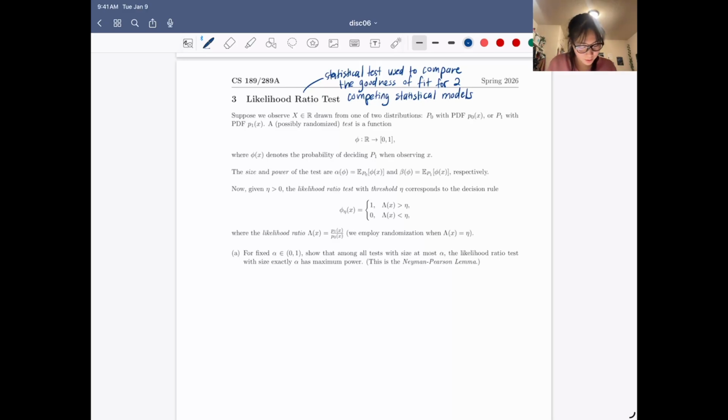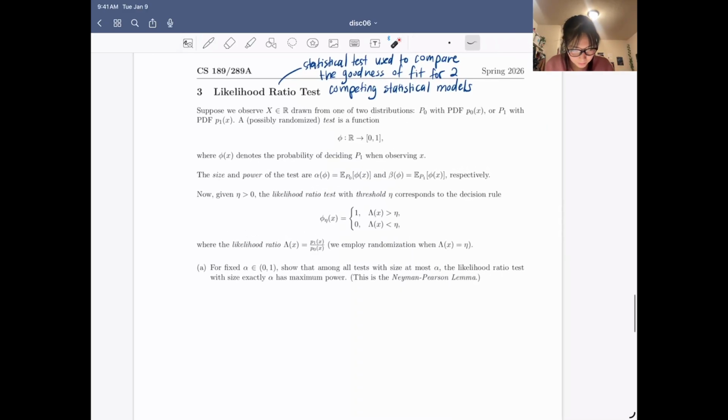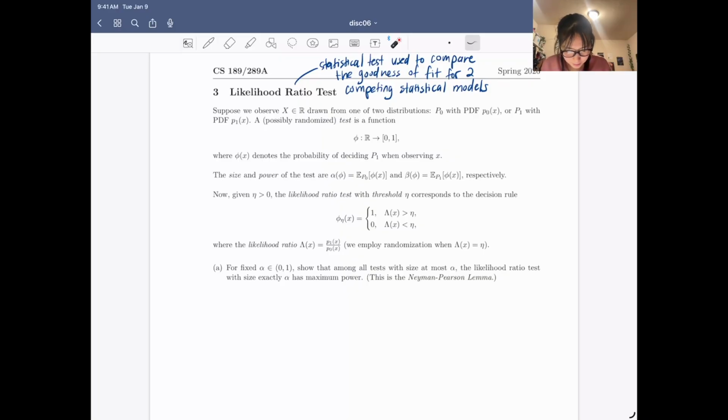Okay, now let's get into the actual question. It says, suppose we observe x, a real number, drawn from one of two distributions, P0 with the PDF P0 of x, or P1 with the PDF P1 of x. It tells us that a possible randomized test is a function, phi, which maps to the real numbers and returns a value between 0 and 1.